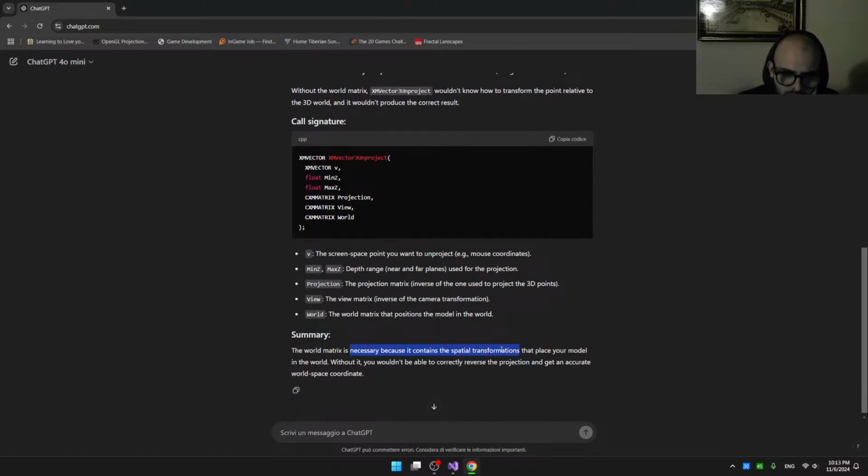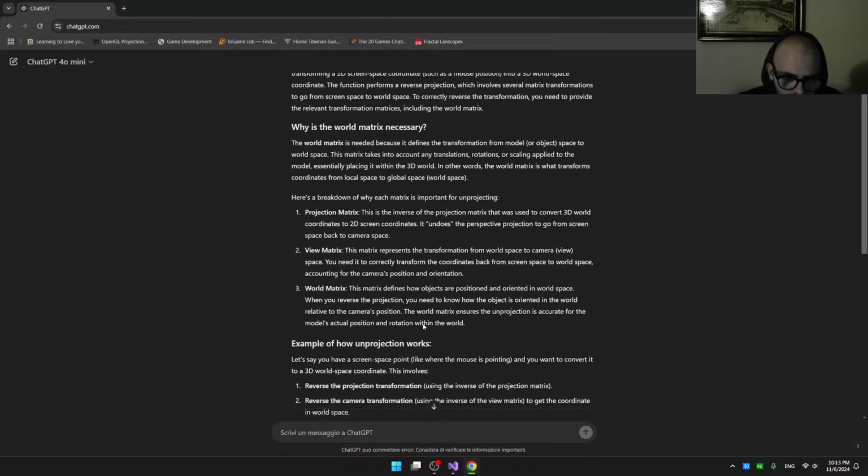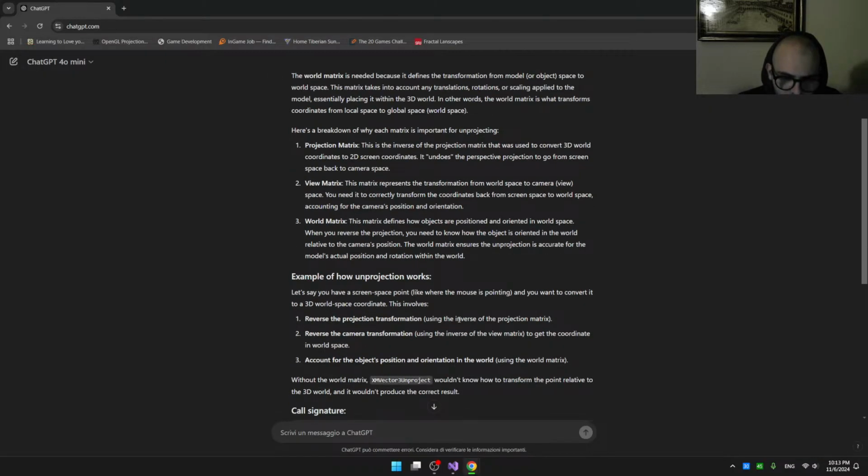It reverses the camera transformation, the inverse of the view matrix, to get the coordinate in world space.